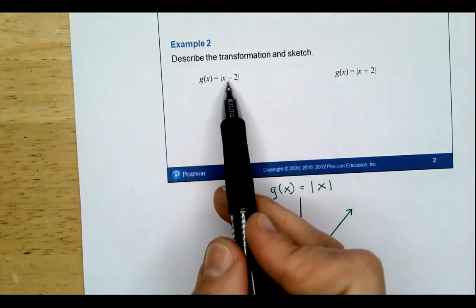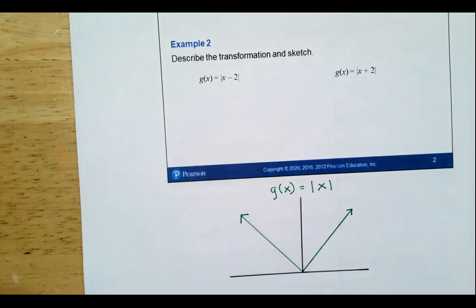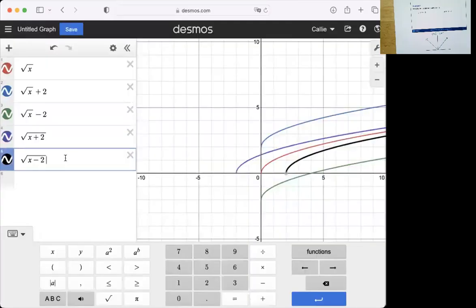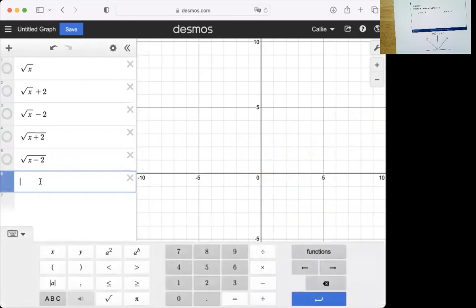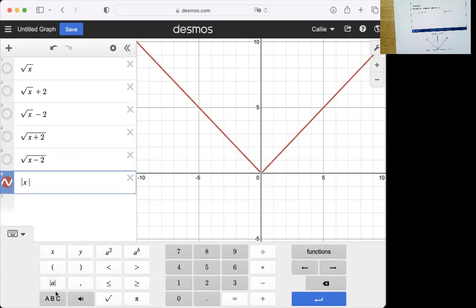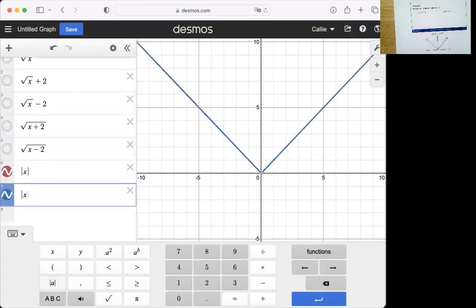Now, how does g of x equals the absolute value of x minus 2 change it? And you can go straight to Desmos. Don't hesitate going straight to Desmos, okay? So those are all our square root of x's. Here we have the absolute value of x. Let's just look at the absolute value of x. And then let's look at the absolute value of x minus 2.